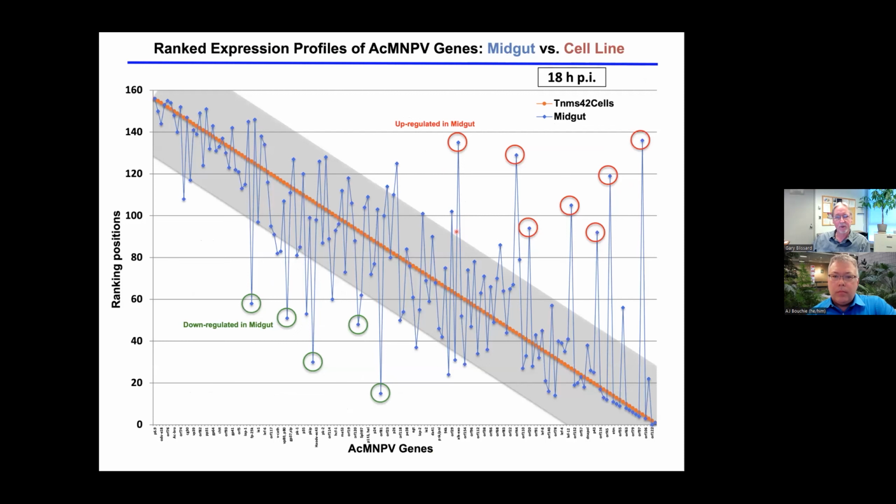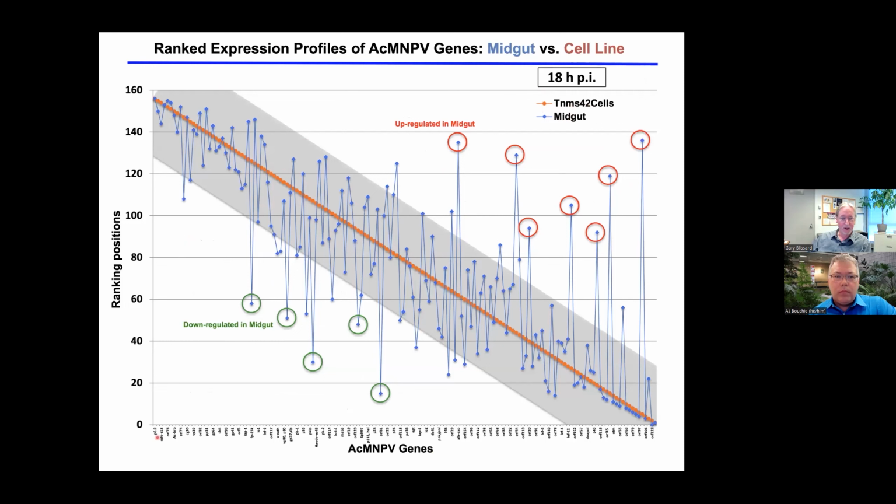So just a quick picture of the kind of data and analysis we do, something called ranked expression profiling. We look at each gene in the genome and what its expression profile looks like at a specific time after infection, in either the midgut, the primary phase of infection, or in the cell line, which is the secondary phase of infection.